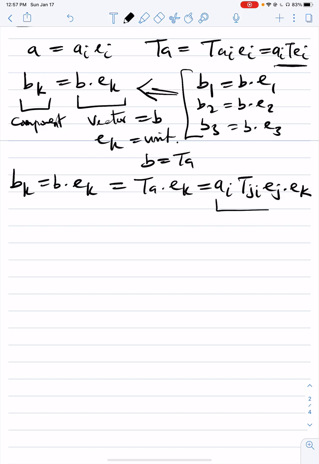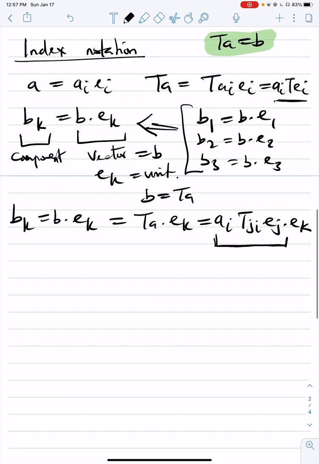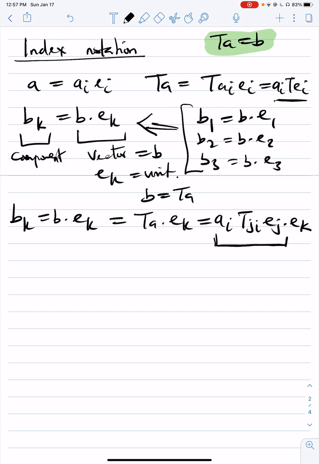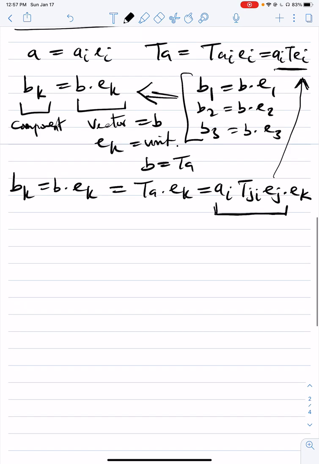If you look at this closely, I'm simply writing this one as this, but I substituted TE_i equals T_ji E_j.